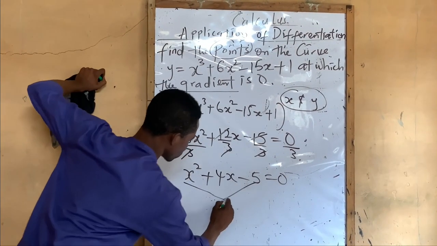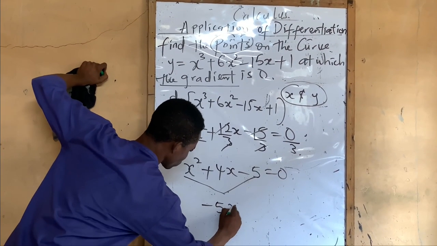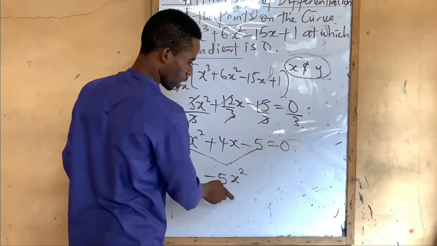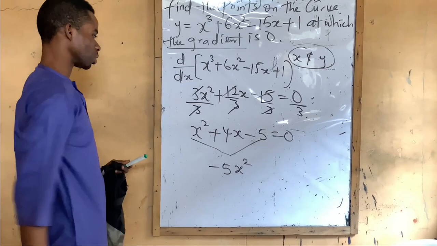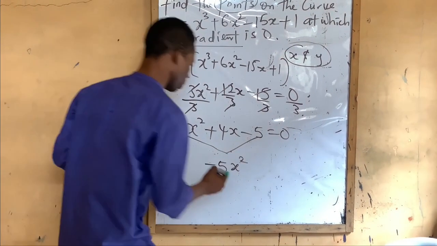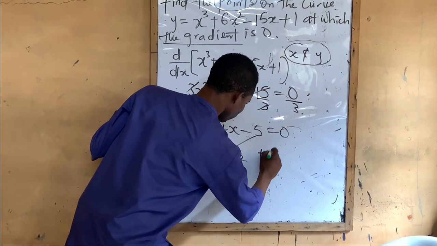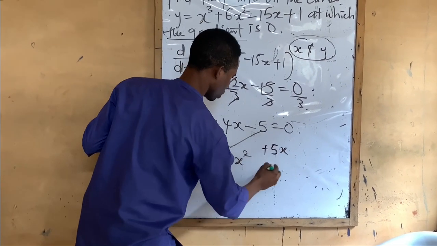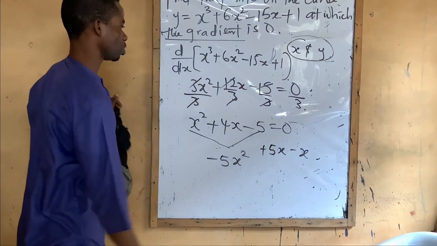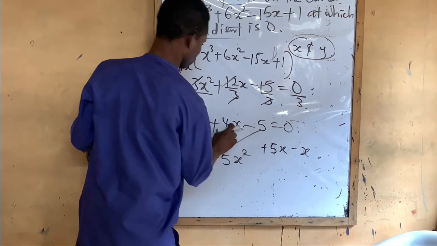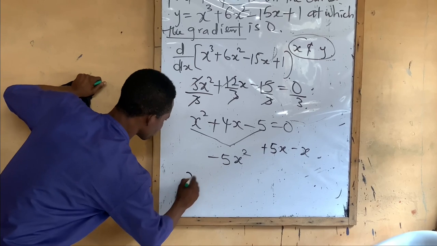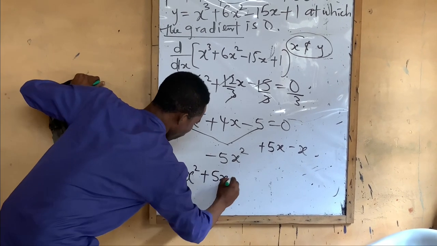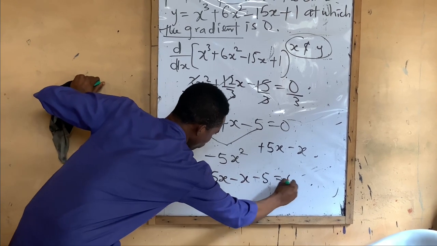What are the two numbers that when I multiply them give me minus 5x squared, and when I add them give me this? That will be plus 5x minus x. If I multiply these, it gives me this; if I add them, it gives me this. That means I'm having x squared plus 5x minus x minus 5 equals 0.